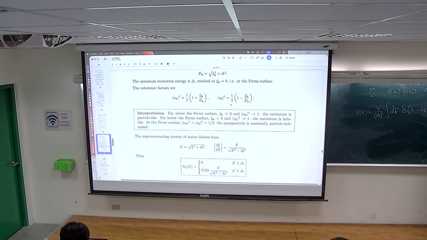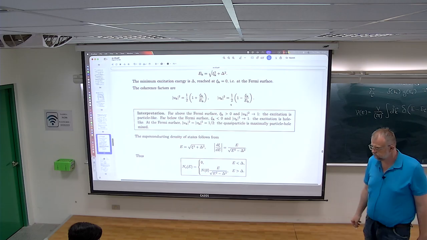So this I can already start to approximate with the density of states of the normal state. I can write this integral as the integral over ξ, with the density of states in the normal state, which I will call N0 or N(ξ), and then the delta function of E minus the energy EK, which is the square root of ξ squared plus Δ squared, which I can just write directly like this.